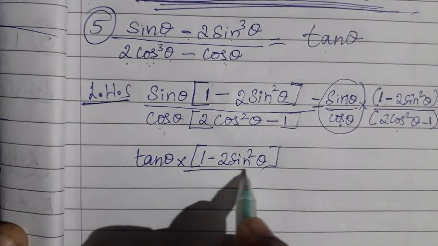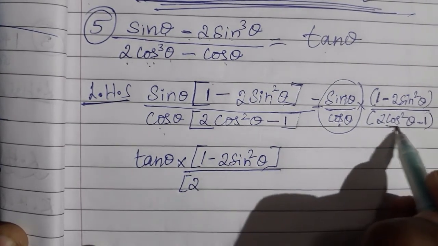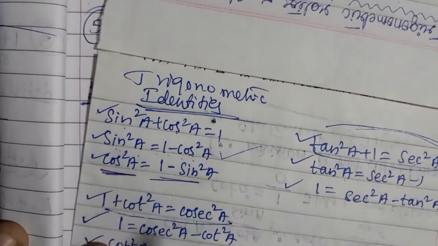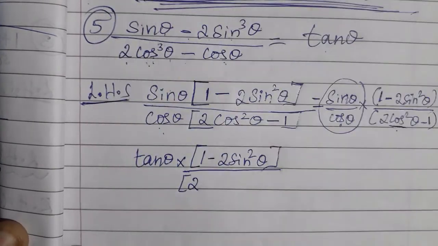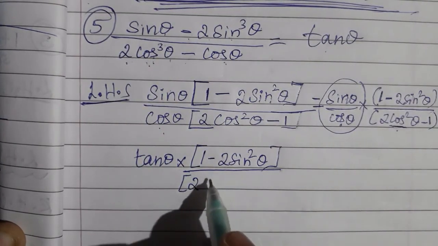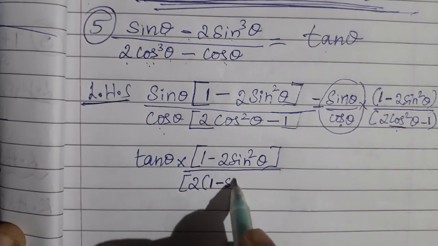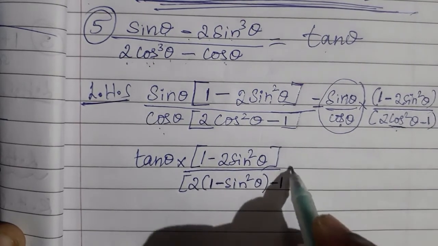In the denominator, in place of cos square theta, I will introduce the identity. What is cos square theta? We know cos square theta is equal to 1 minus sin square theta. So 2 into 1 minus sin square theta, close the bracket, minus 1.